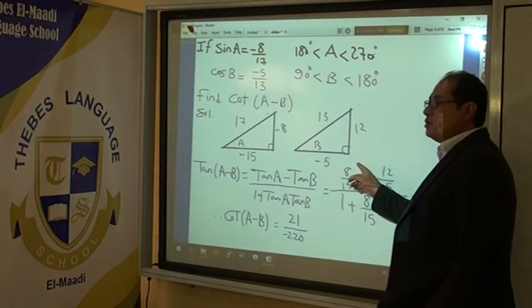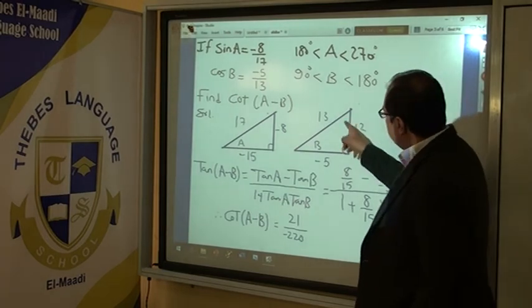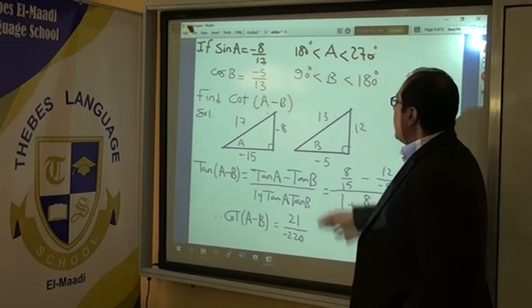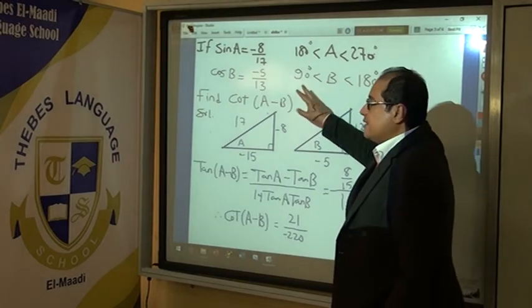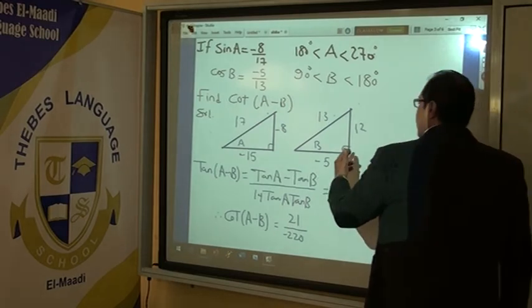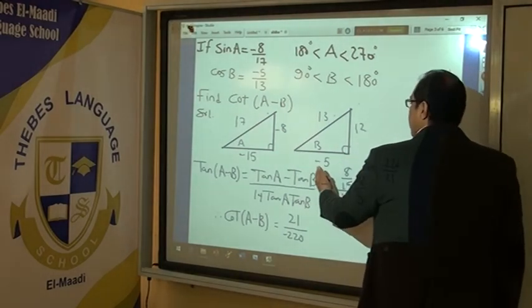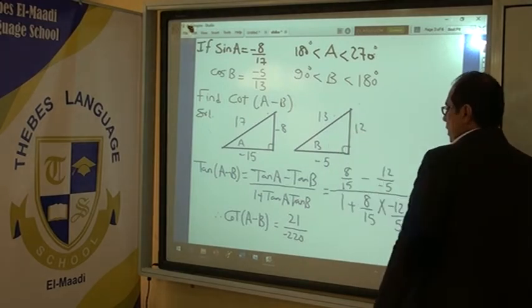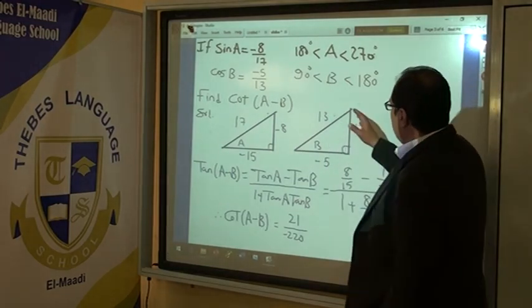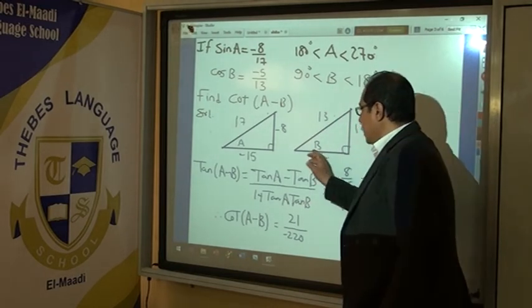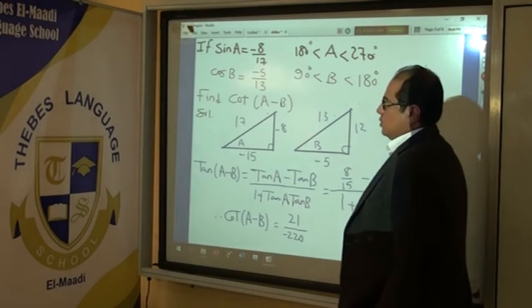The third side equals the square root of 13² minus 5², which equals 12. Angle B is in the second quadrant, so the adjacent side will be negative and the opposite side will be positive. If the angle is in the second quadrant, the cosine is negative and the sine is positive.